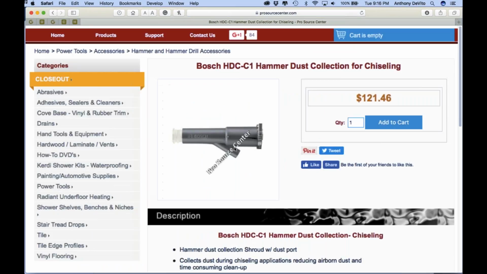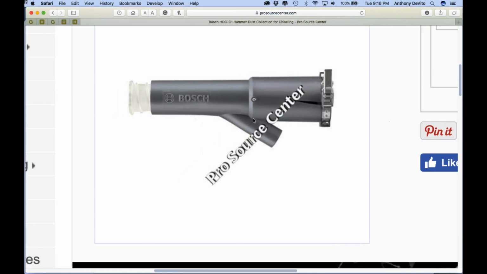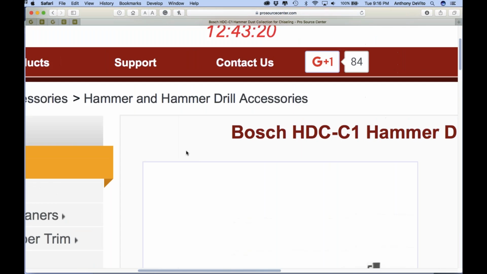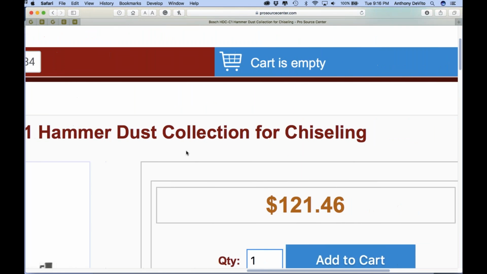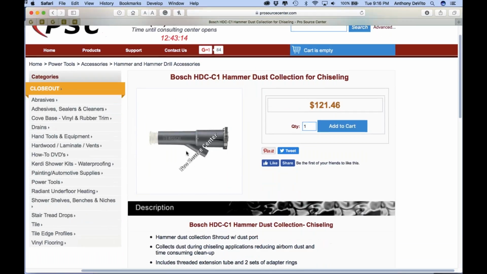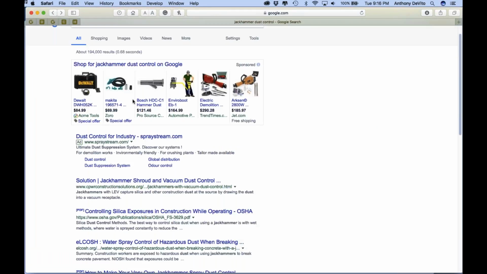There you go. That's a hood that goes over the jackhammer. And you put a vacuum on there, a shop vac or a HEPA vacuum. I mean, just a shop vac might work. Hammer dust collection for chiseling. That's a hood. Just like the hoods we're designing for everything else, it's a hood. Yeah, it's for a jackhammer.